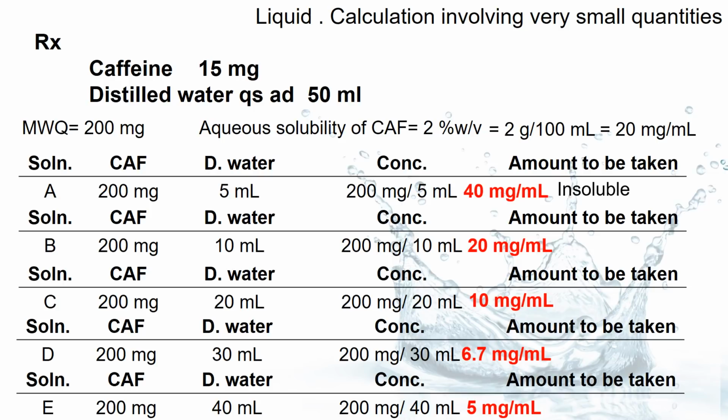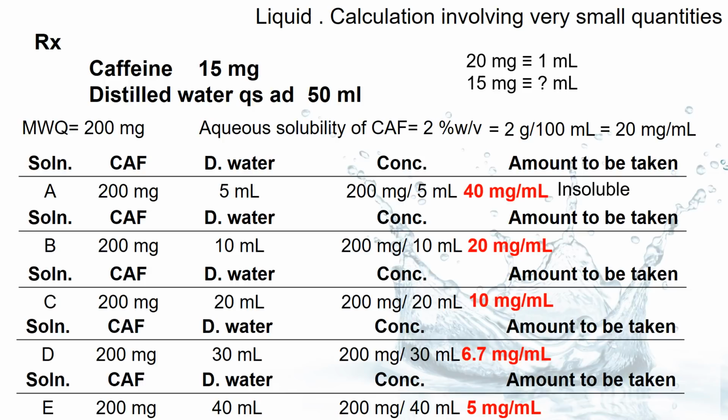So let's look at solution B. In this case, it's just right, the amount added is able to dissolve. How much do we need to take to achieve 15 milligrams? You know that 20 milligrams is found in 1 ml, so in 15 milligrams, how much do you have?